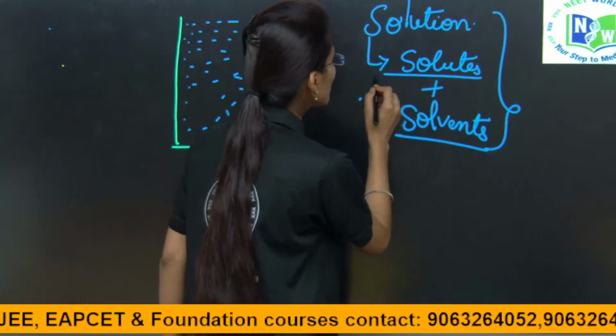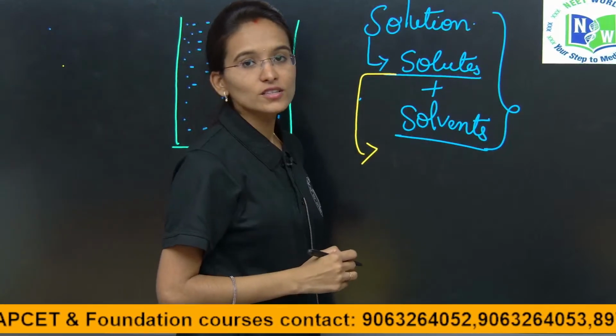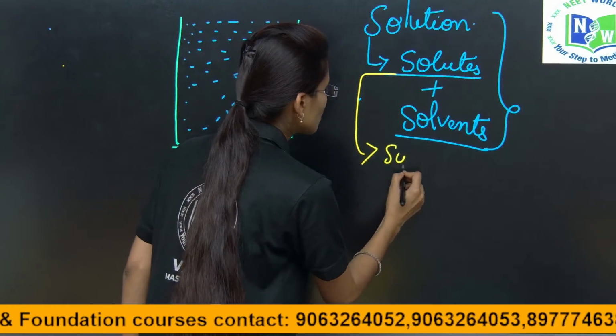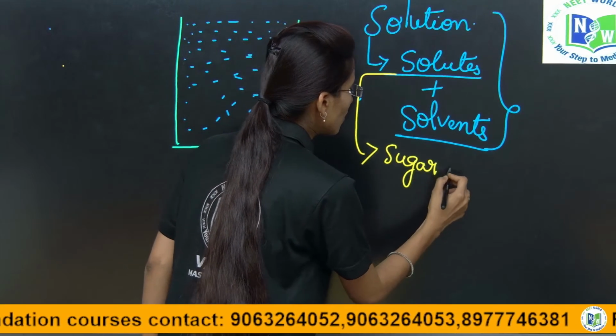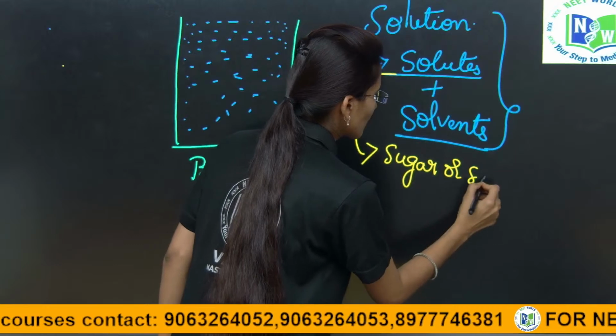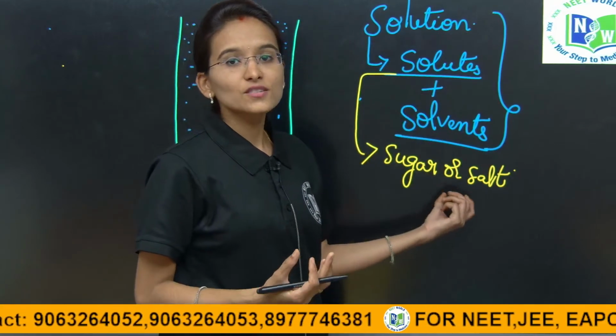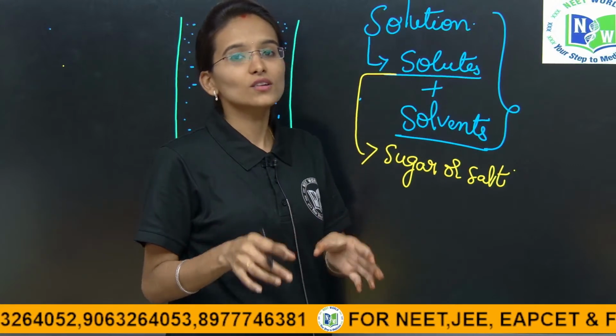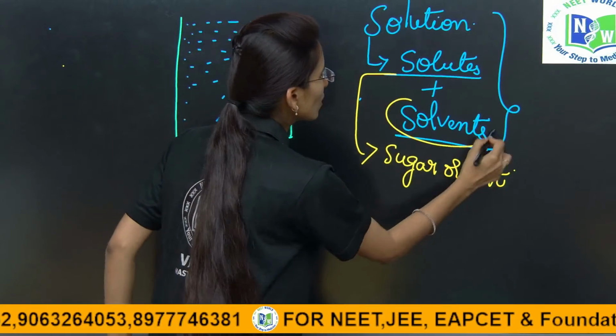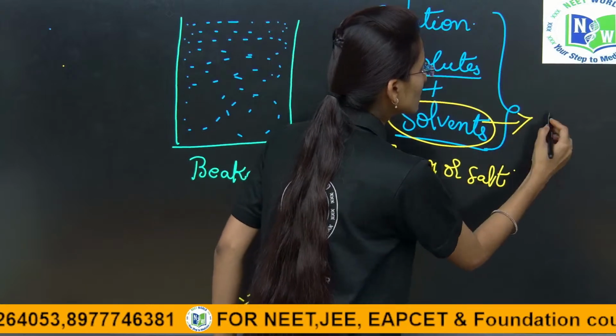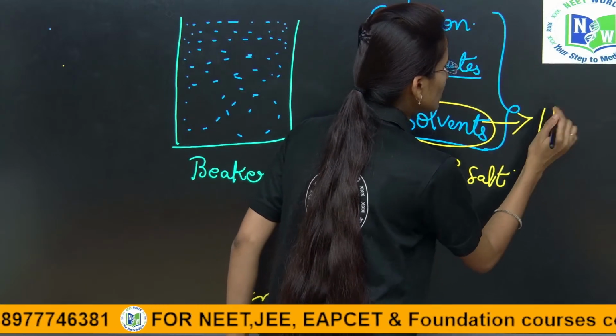Now we will discuss what solutes are. Solutes may be any type of molecules. They may be either sugar or salt. The solutes are the substances which are going to dissolve in the solvent. Now, this is the solvent. What will be the solvent, children? Solvent will always be water.